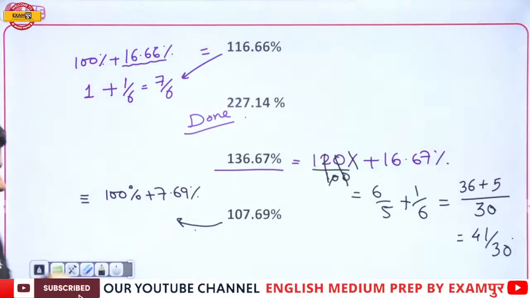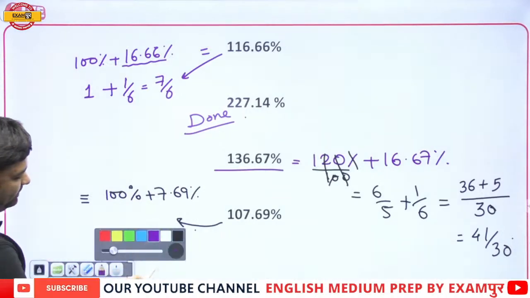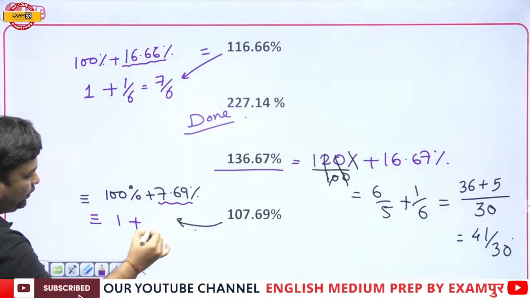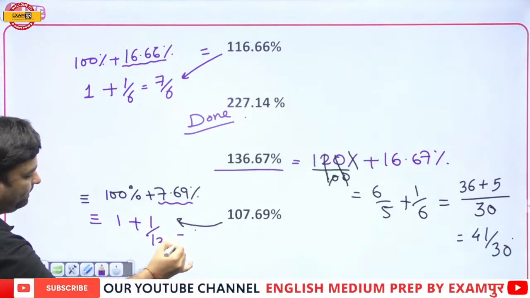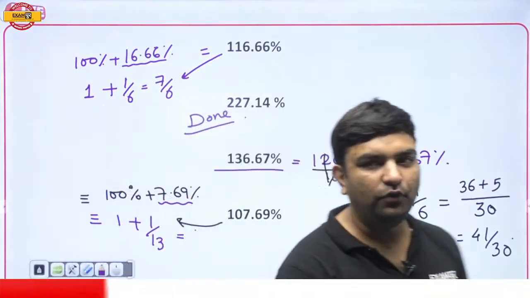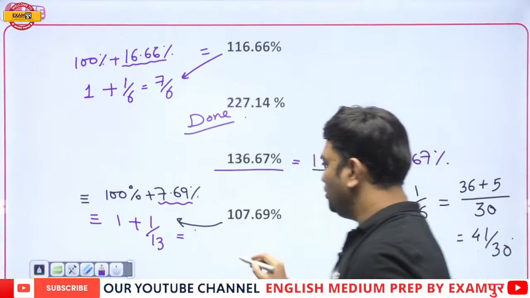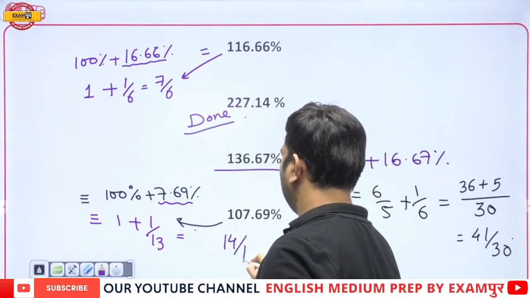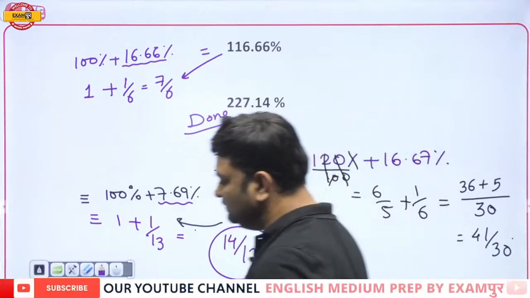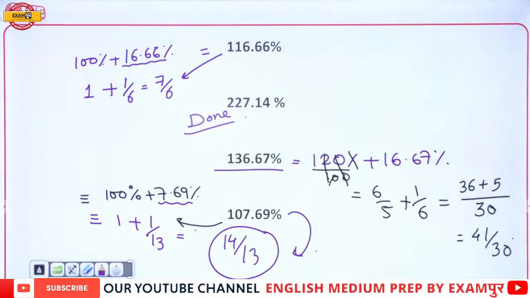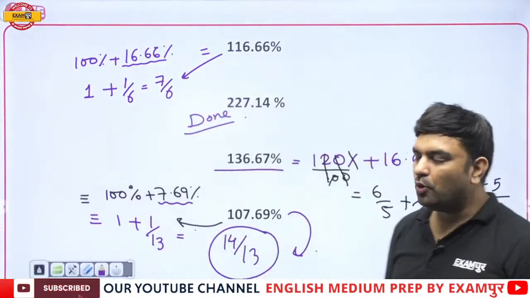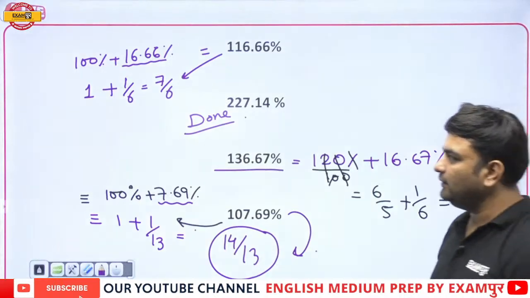So 7.69% was 1/13, if you remember. It is 1 plus 1/13, so 14/13.